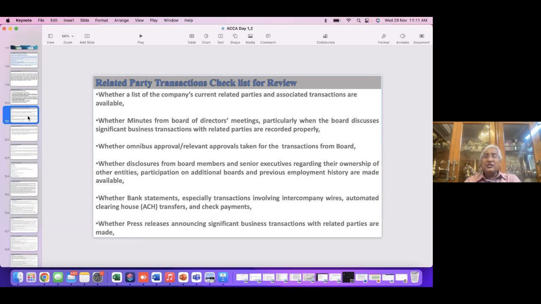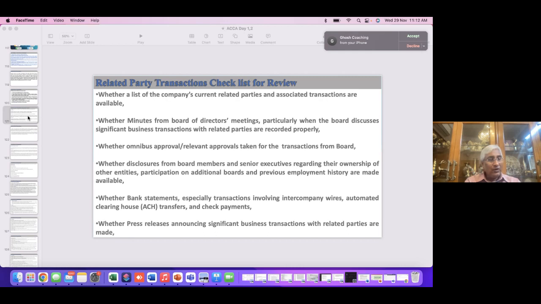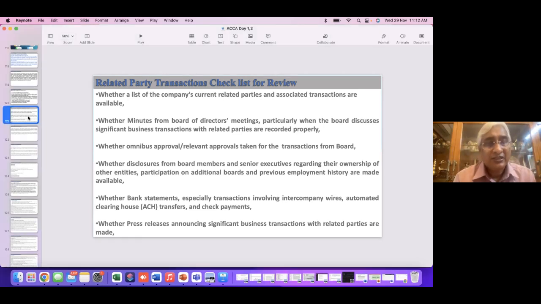Similarly, again, if some new company has been acquired, which is a subsidiary company, then that company should form part of this current list. And if it is not there, then a transaction with that particular entity may escape this related party transaction checklist. So it is always better to ask for, suppose the audit period is December to February, then it is always better to ask for the last January status, where you can find out that these are the associated or these are the related parties.